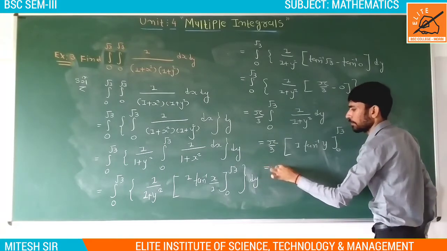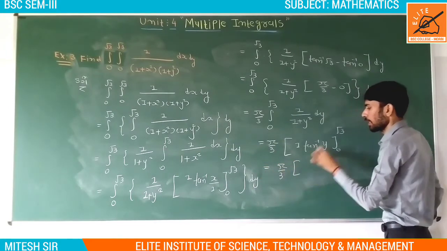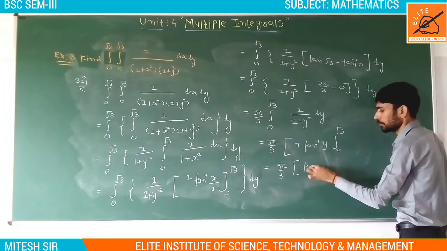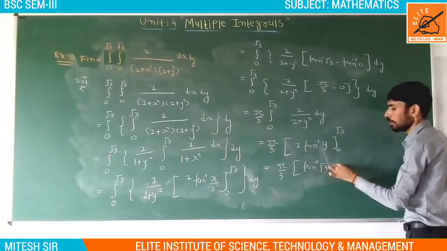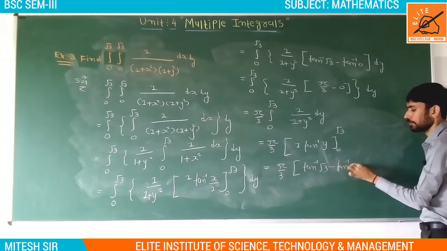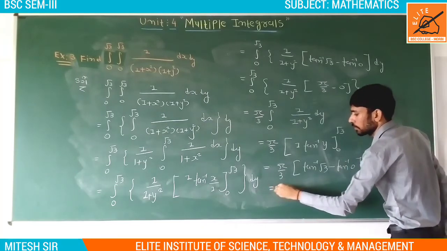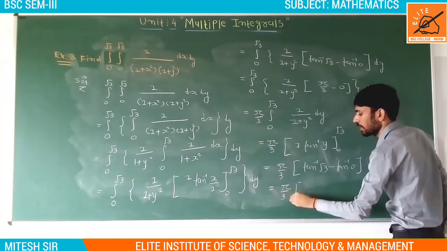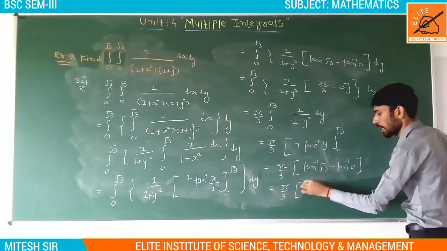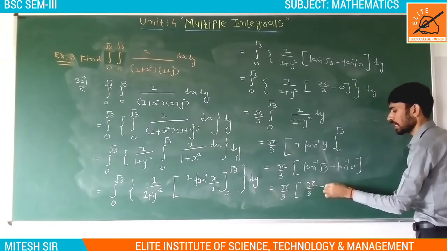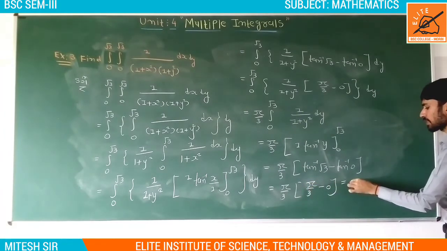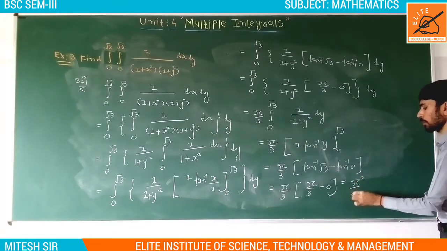Now we apply the limit: pi by 3 times tan inverse root 3 minus tan inverse 0. Tan inverse root 3 is pi by 3, tan inverse 0 is 0. The final answer is pi square upon 9.